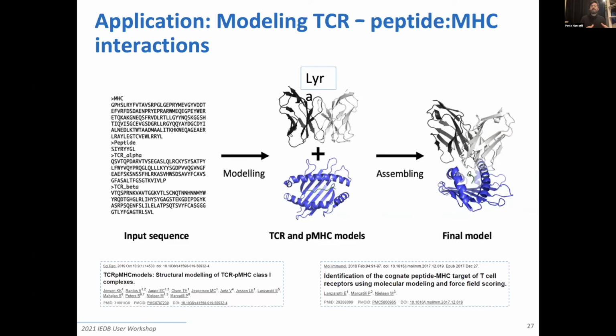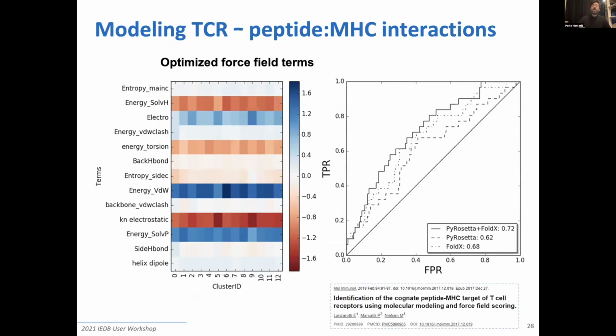So if you model the structure of a complex TCR-pMHC complex, and you put it together using, for example, the TCRpMHC tool that we developed a few years back, and then you use a computational force field to measure the interactions between the T-cell receptor and the peptide MHC complex, the predicted energy that you get from the force field can help you identify what is the right epitope that a given TCR binds.